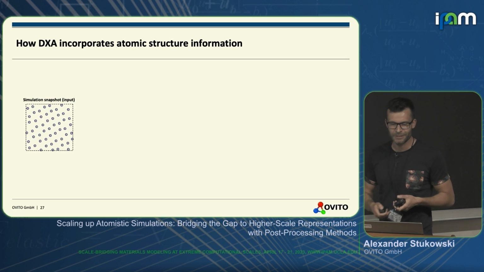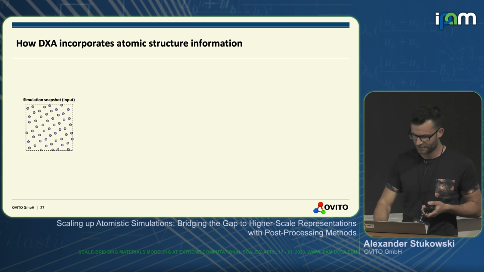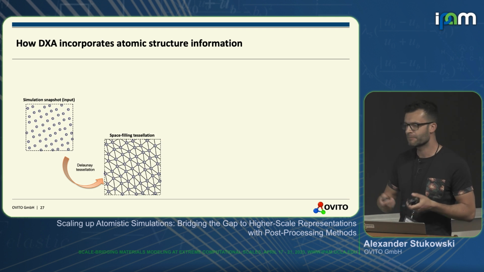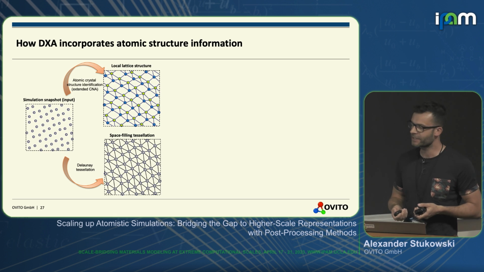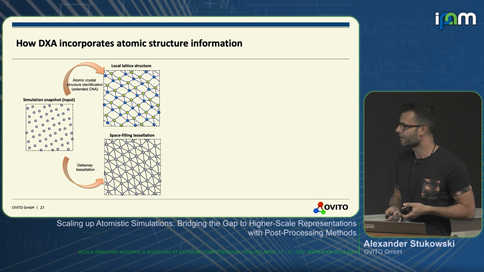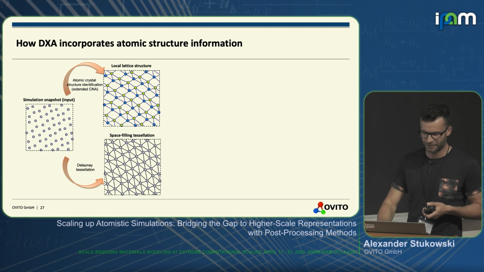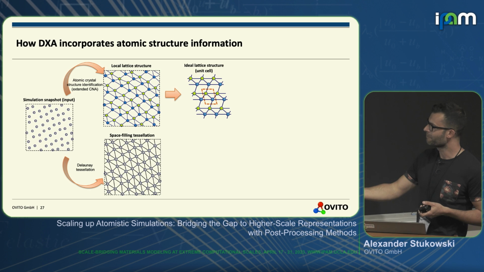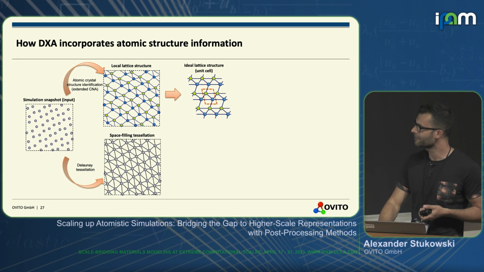So here's again how DXA works. We start off with an atomic configuration, then two things happen. We construct a Delaunay tessellation based on the atomic coordinates, and we perform a structure identification using a CNA-based method to identify crystalline regions. This establishes a mapping between the physical atoms and an ideal lattice described in terms of a unit cell.